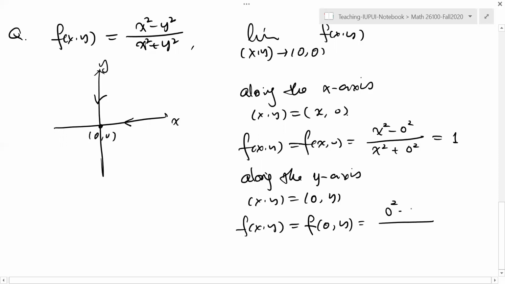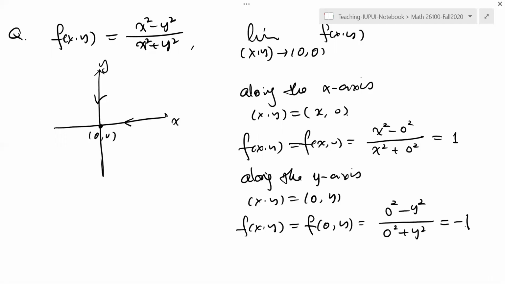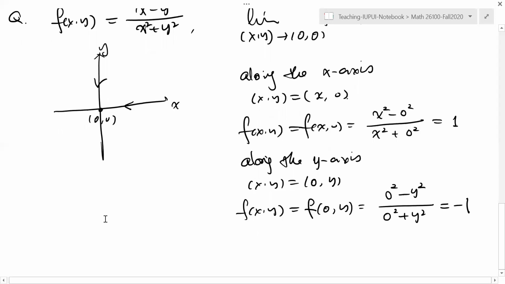So we get 0 squared minus y squared over 0 squared plus y squared, and this time it's always -1. So these two numbers are different.